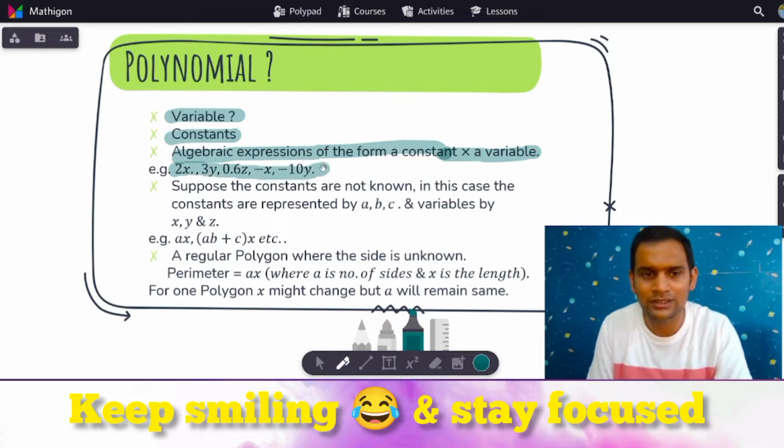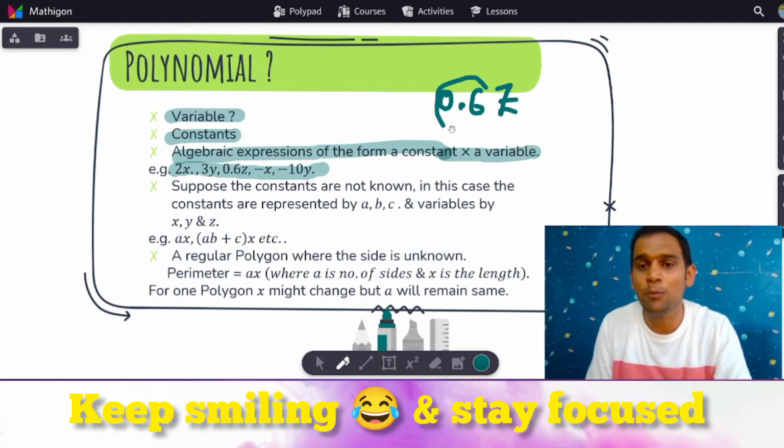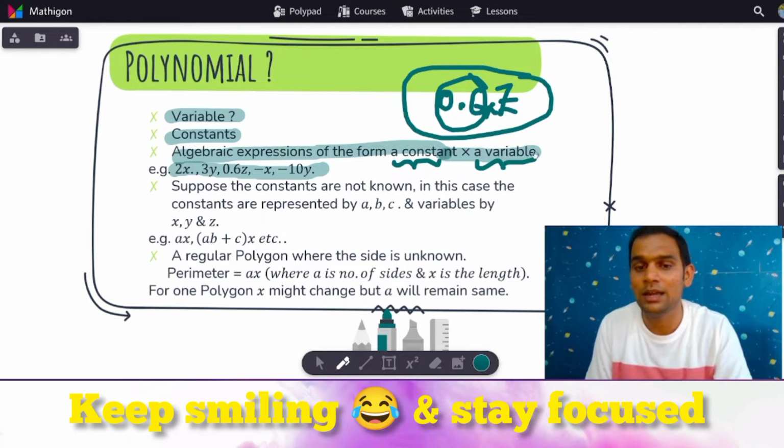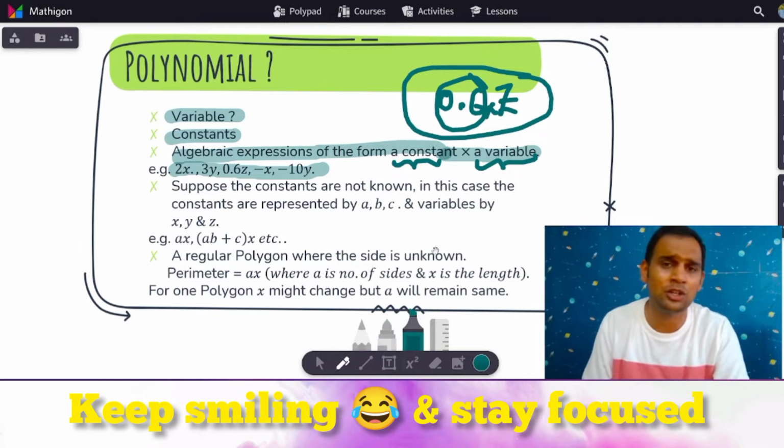You can see those examples: 2x, 3y, then 0.6z. Now, over here, as you can see, when we write 0.6z, 0.6 is fixed, it is multiplied to z. So this is an algebraic expression of the form of a constant multiplied by a variable. I am very much sure you are aware of such type of algebraic expression.